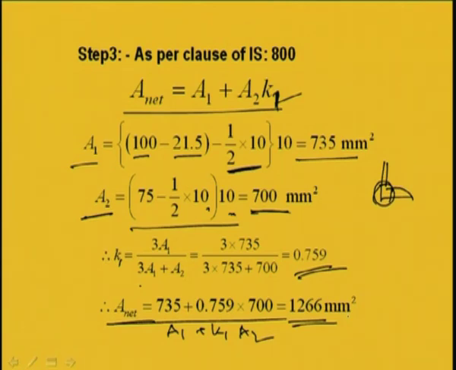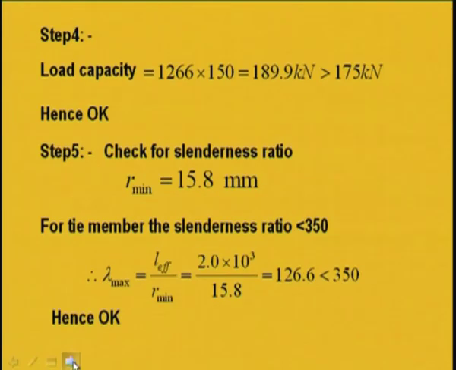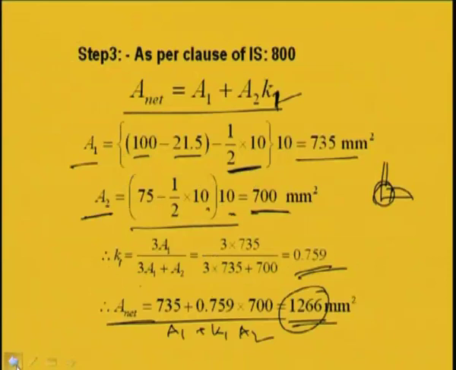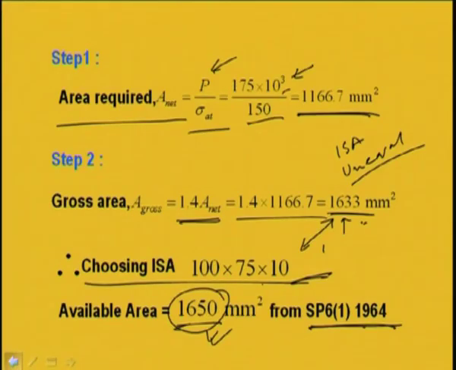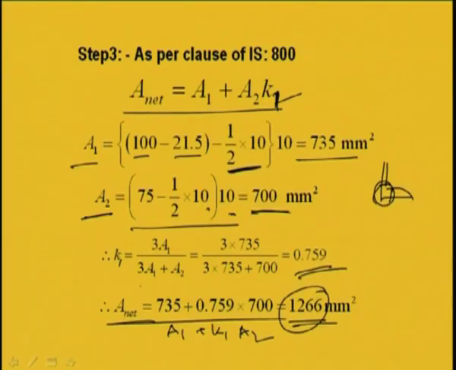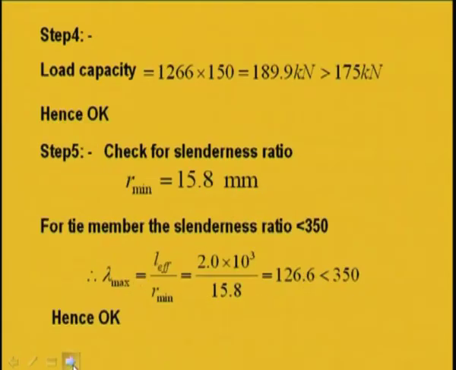So the net area is 1266 millimeter square, and the required net area is 1166.7 millimeter square. The available net area is 1266, which is greater than the net area required. So we can go with this section.